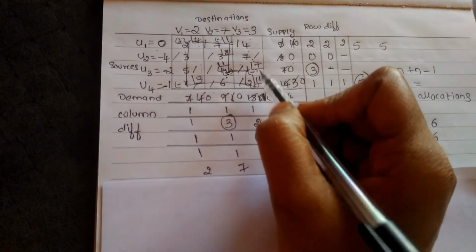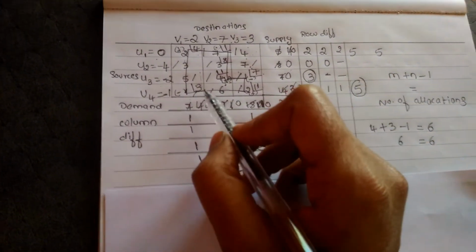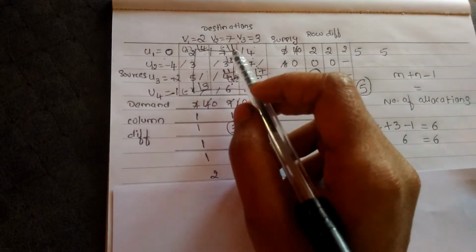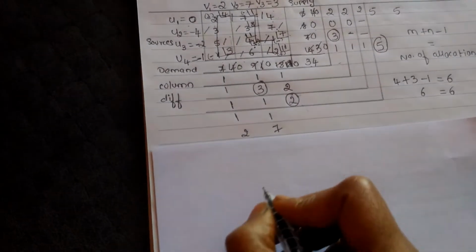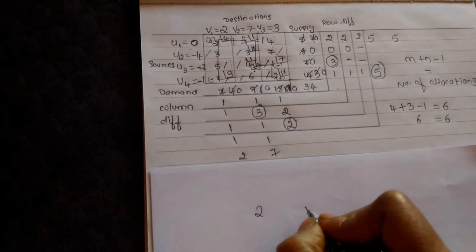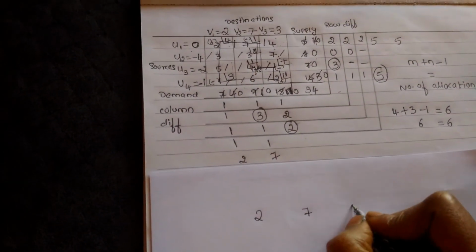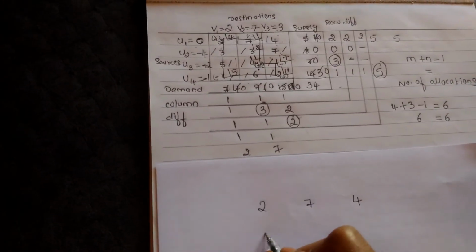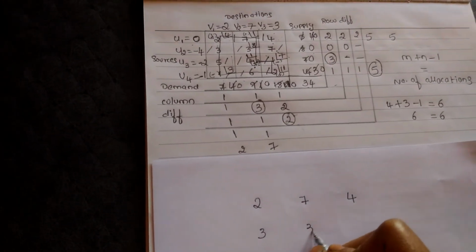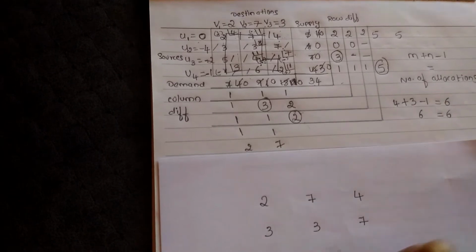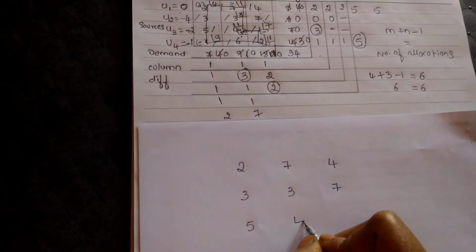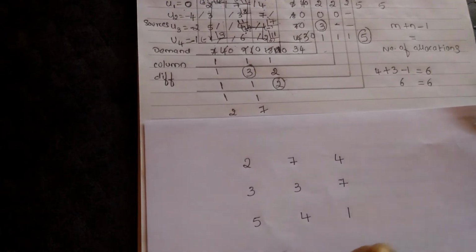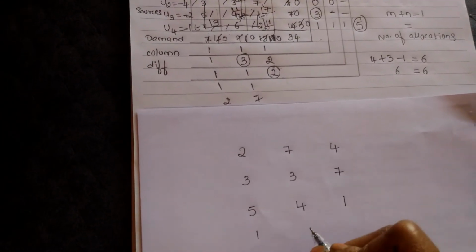Now this allocation is 7, here it is 11, it is 3, 4 and 1. So 1 is nothing but the least allocation that we found. So we will have to find a matrix with new allocation. I'm writing down the same matrix.